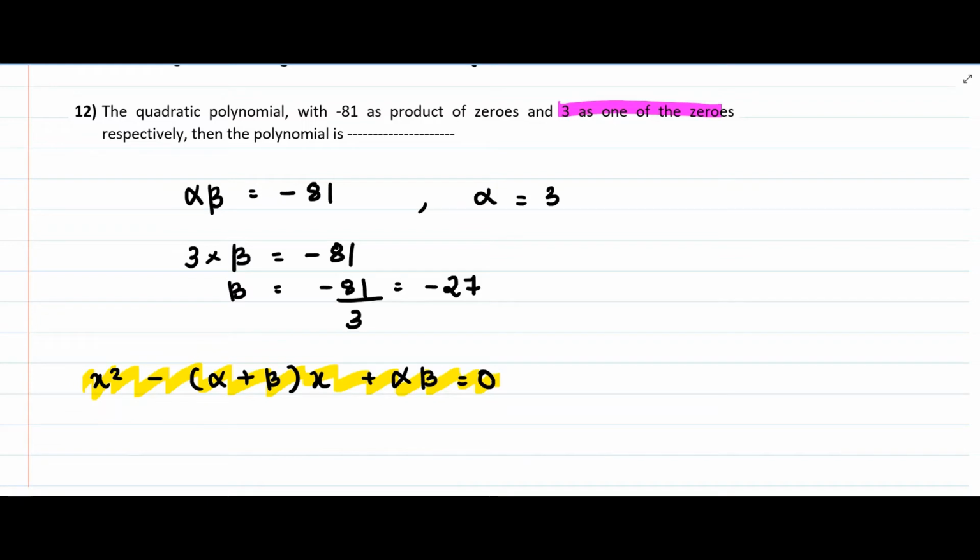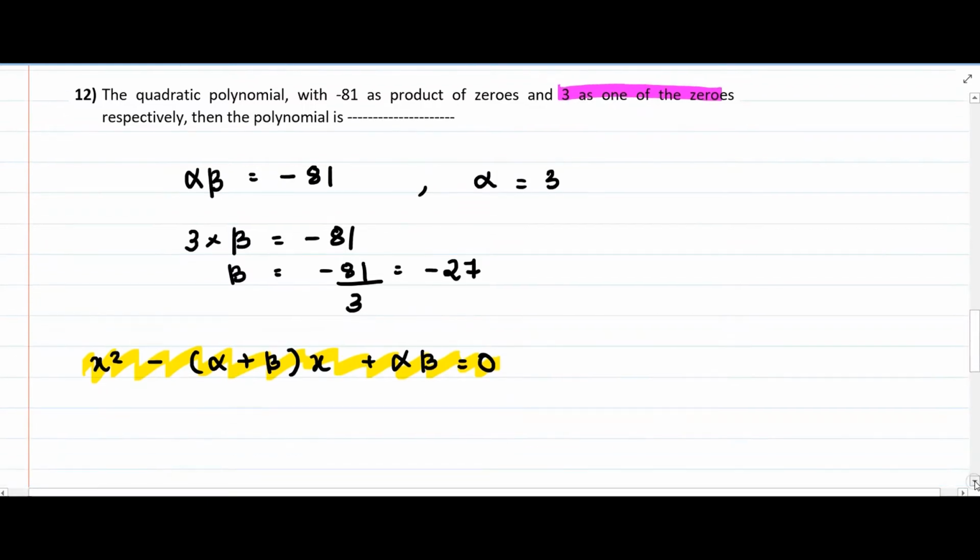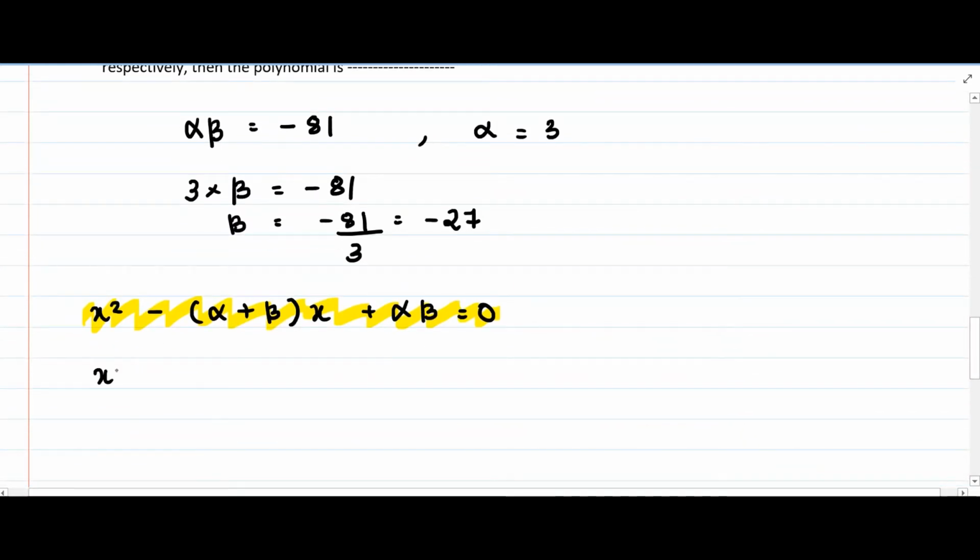Now let's substitute the alpha and beta values. X square minus, 3 plus minus 27 into x plus alpha beta equal to 0.